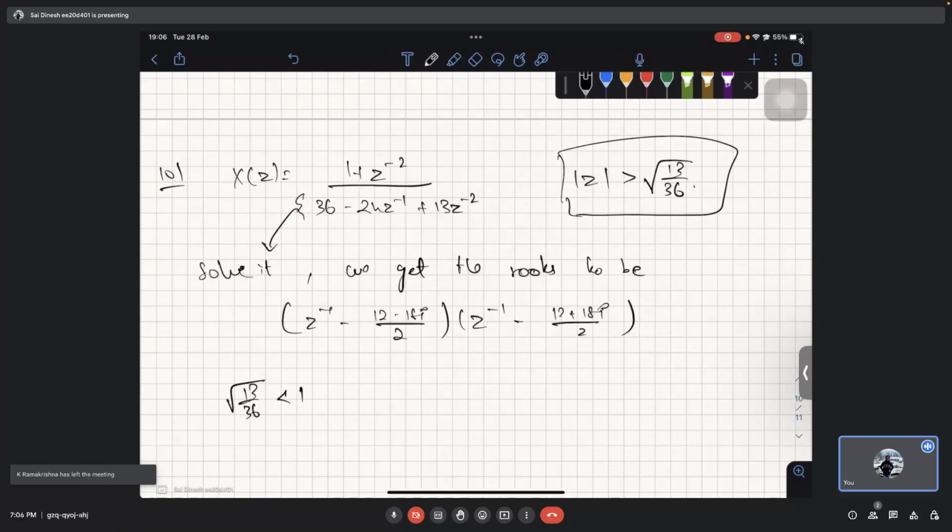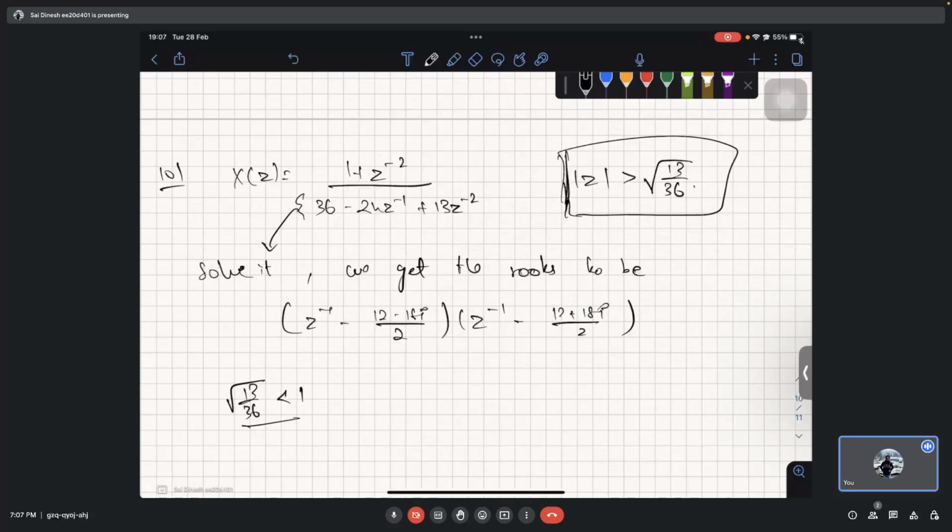Correct? So root 13 by 36 is actually less than 1. And the ROC includes all values of z which are greater than this, that is the outside of that pole.